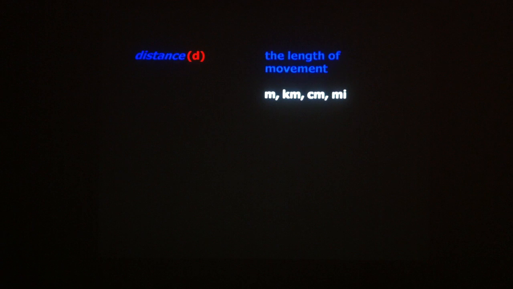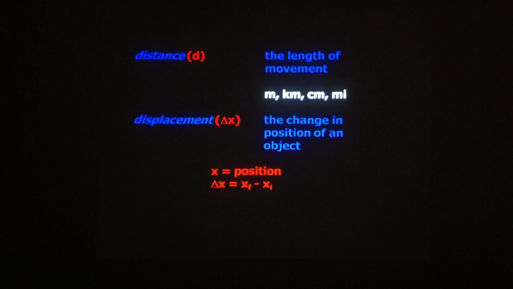Distance is defined as the length of a movement, and it can be measured in meters, kilometers, centimeters, miles, and there are a lot of other units you could use, inches, feet, for example. We're going to pretty much use the metric system, so meters, kilometers, and centimeters. Now, displacement is different. Displacement is the change in position of an object, and the symbol for displacement is the Greek symbol delta. It looks like that triangle in front of the x.